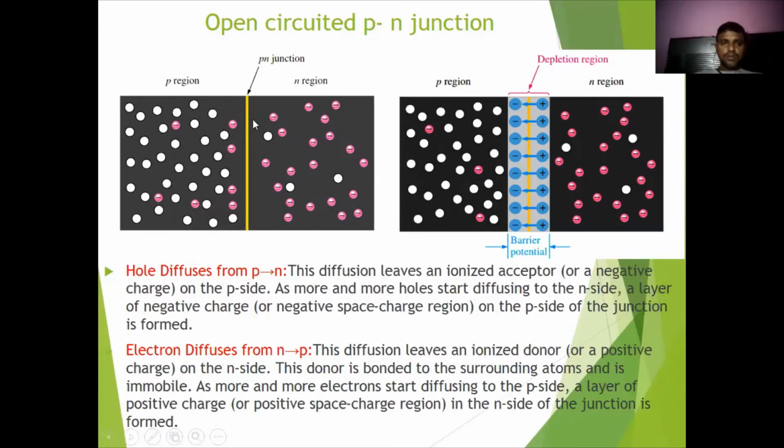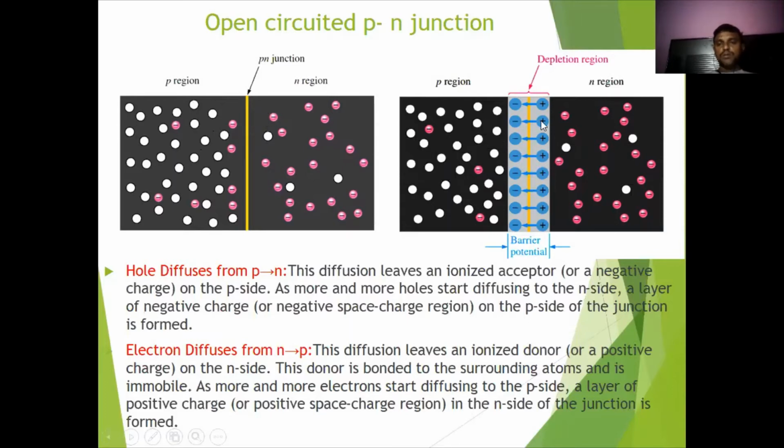They try to cross the junction and they recombine at this point. If these charge carriers recombine, only ions will be left. In the P region we have negative ions and in the N region we have positive ions.